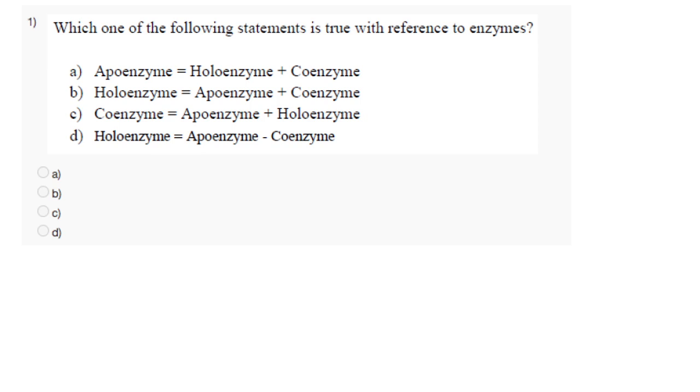What's the correct answer here? Any guess or any answer?